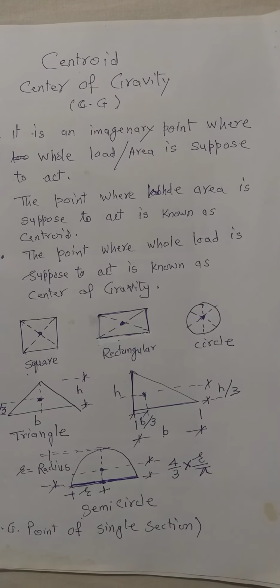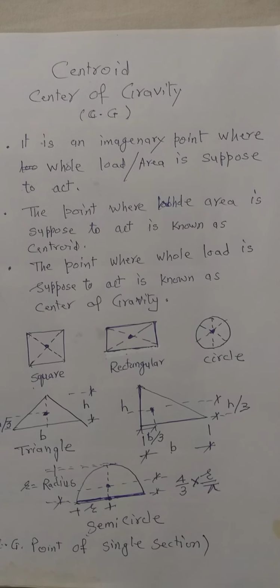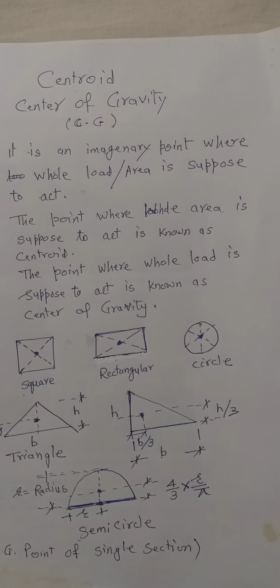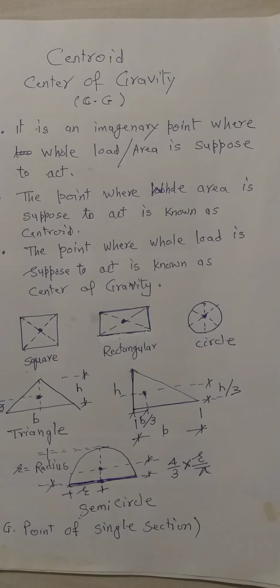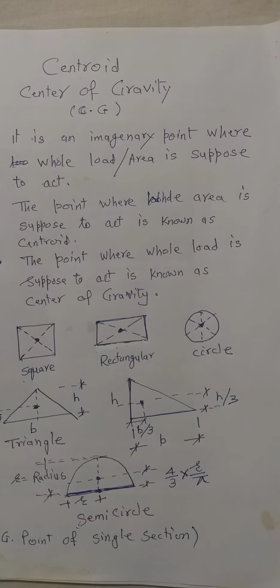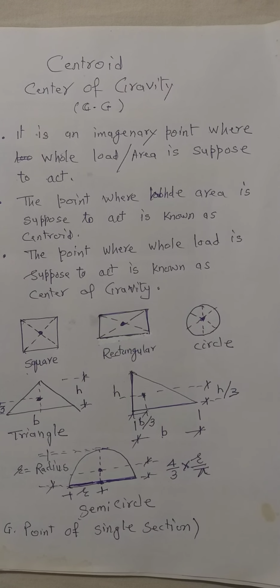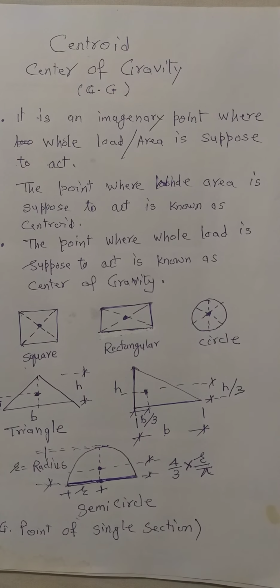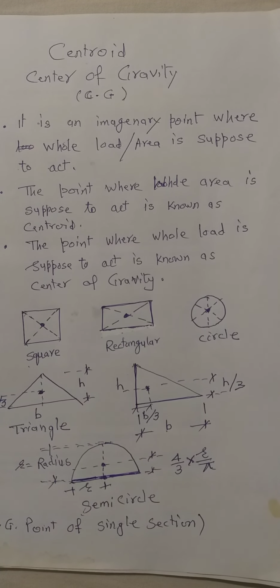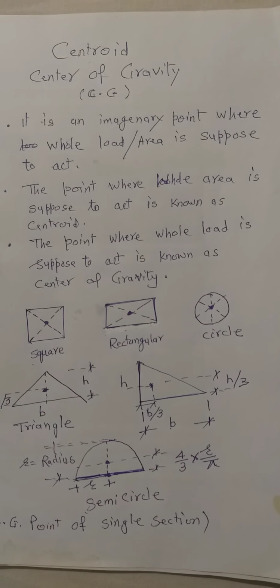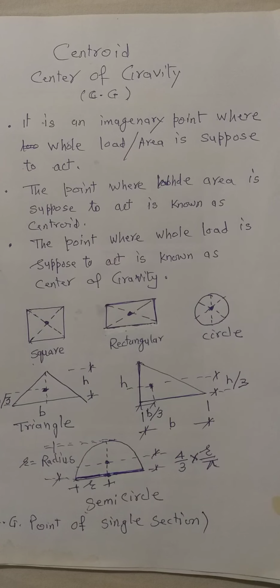I am particularly using the word supposed to act. When I am talking about the centroid, then we can say the point where the whole area is supposed to act is known as the centroid, and the point where the whole load is supposed to act is known as center of gravity.